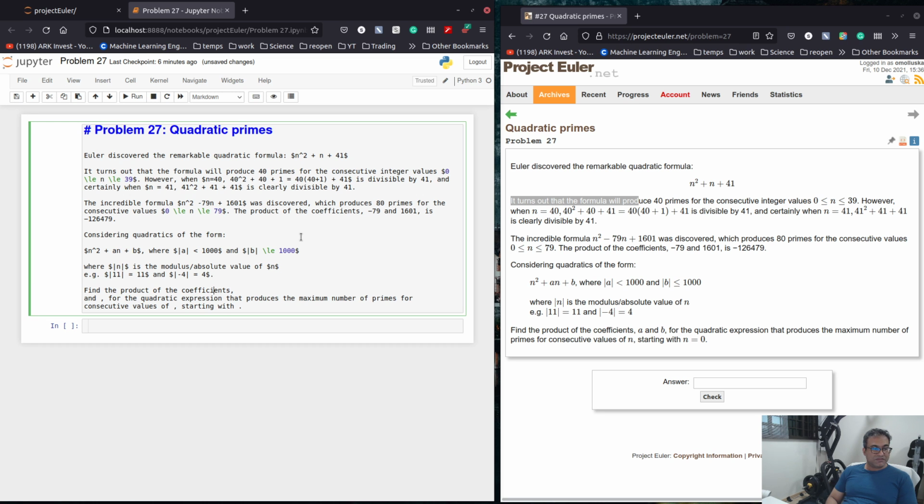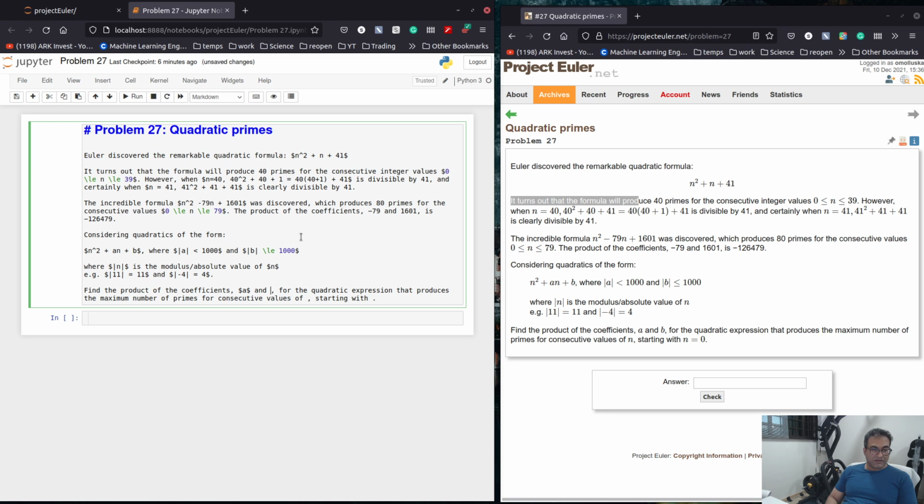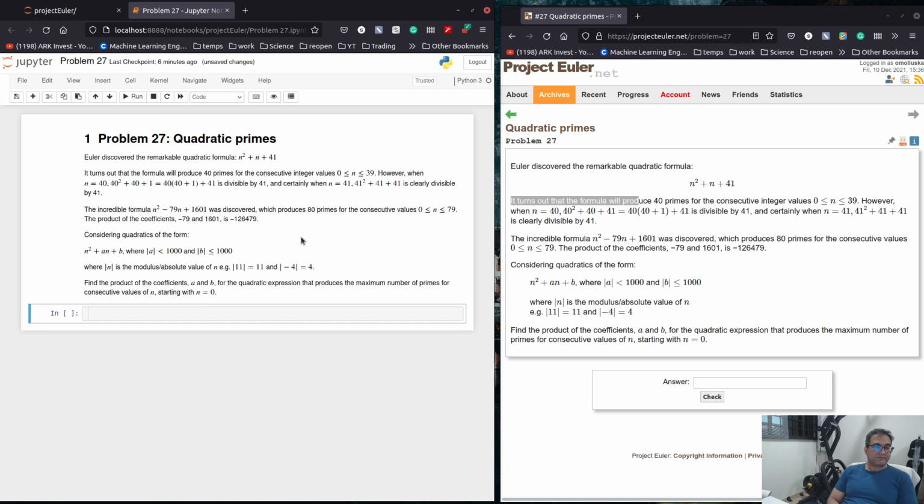Find the product of coefficients a and b for the quadratic expression that produces the maximum number of primes for consecutive values of n starting with n equals 0. So fundamentally we want to find the product of the coefficients a and b.